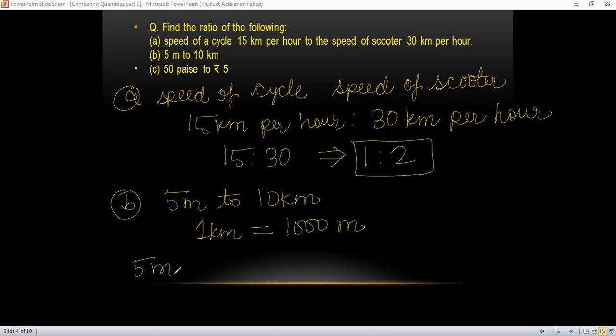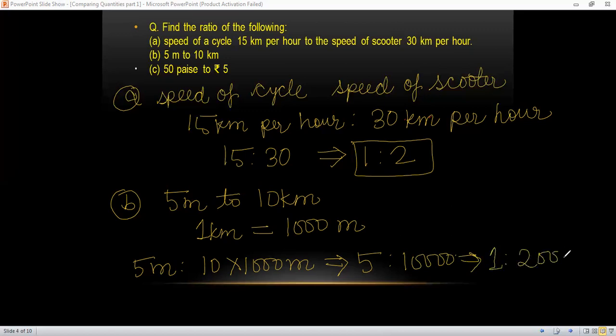So 5 meter to 10 into 1000 meter. Now we will simplify the value. After simplifying, we get the ratio 1:2000. This is the ratio of these values.